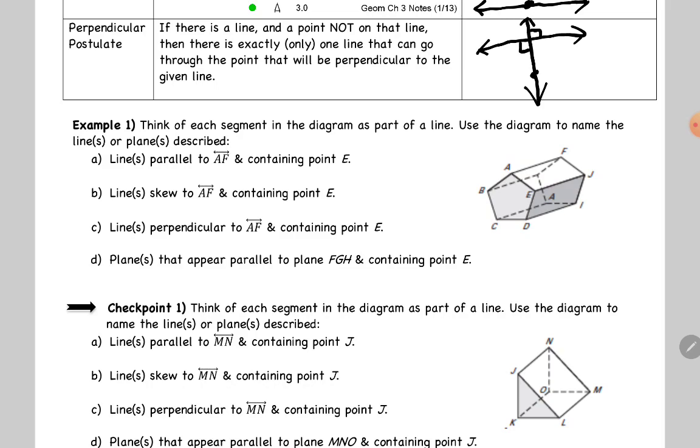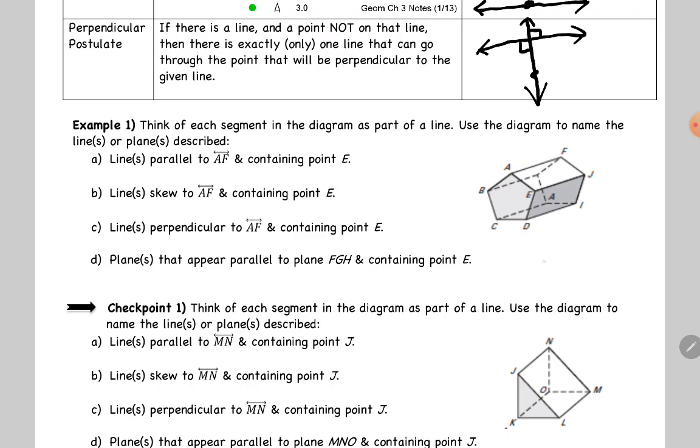Okay, let's do a different one. Lines perpendicular to AF containing point E. Well, since there are no right angles here, we can't show any lines that are perpendicular.